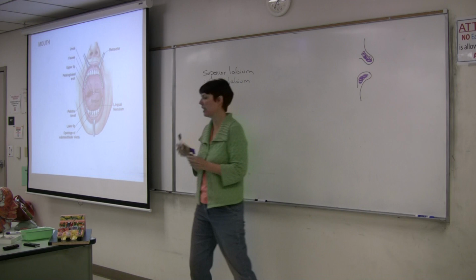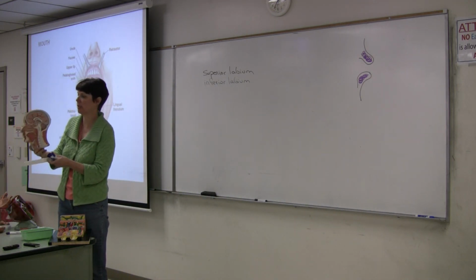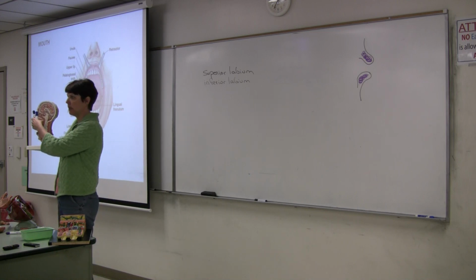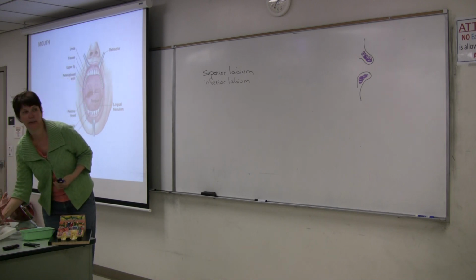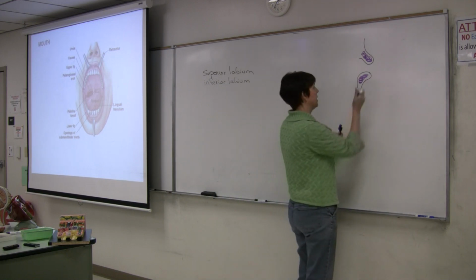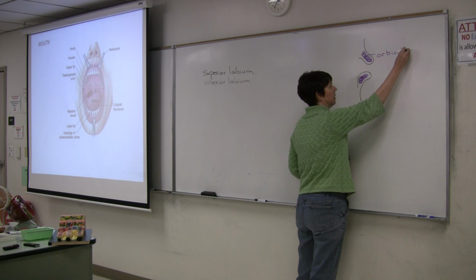If you look at our sagittal section of the head, here's the upper and lower lip, and you can see a muscle right there. Orbicularis oris. Exactly right. So that's the first sphincter of our digestive system, the orbicularis oris.